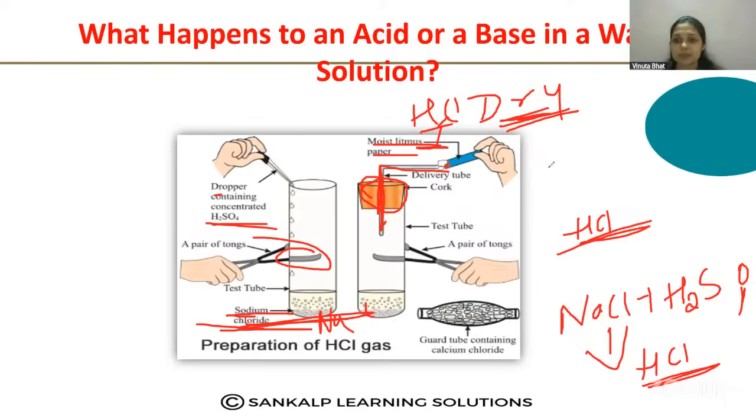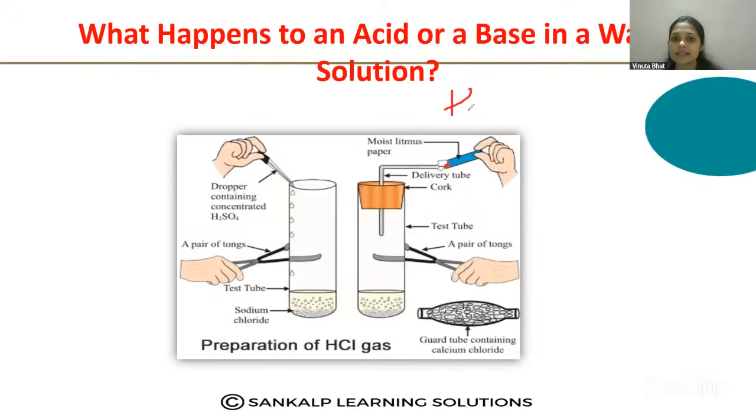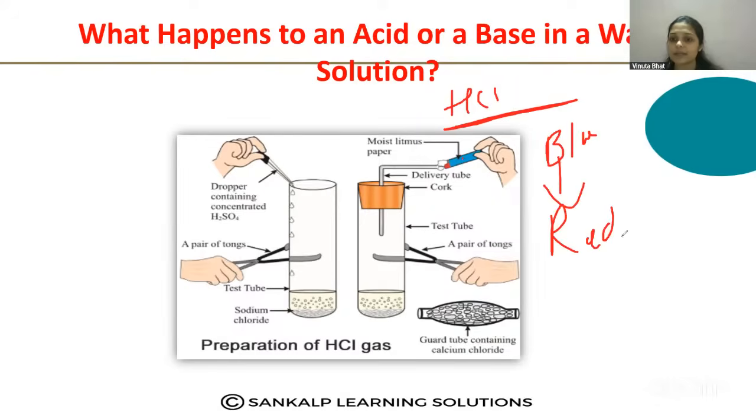But when you take the moist litmus paper to check this HCl gas, the blue litmus paper turns red when it comes in contact with HCl.